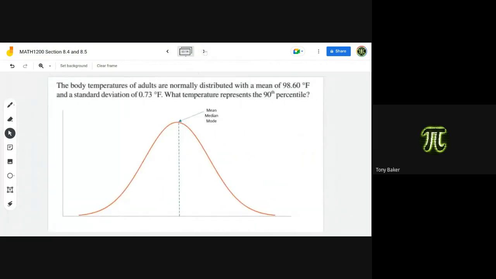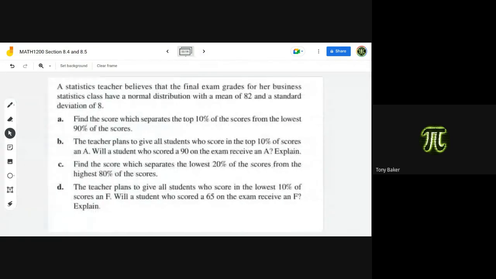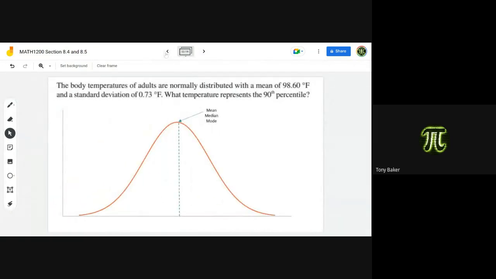All right. Let's look at this one. The body temperature of adults is normally distributed with a mean of 98.6 and a standard deviation of 0.73. Everybody does not have a body temperature of 98.6.